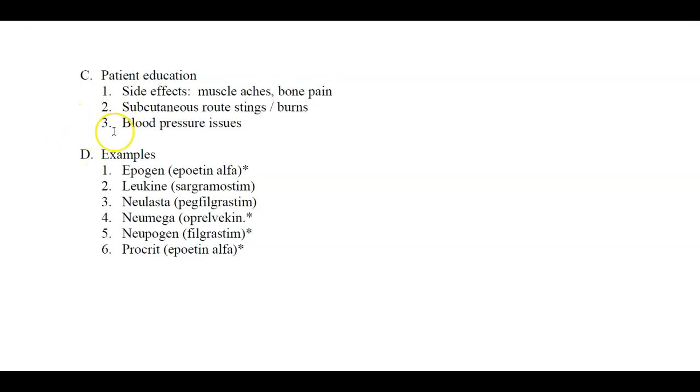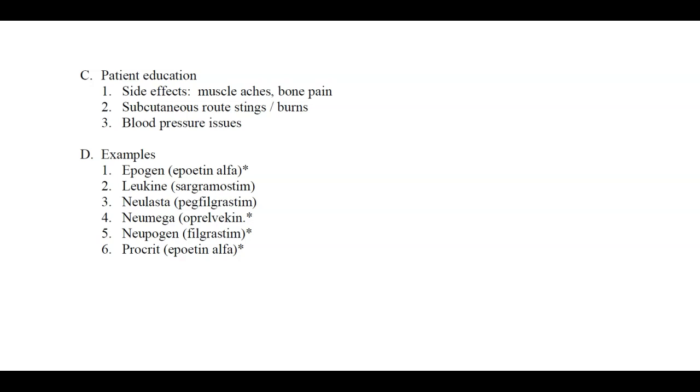And locally, if we inject it subcutaneously, these medications can burn or sting. And again, since we're stimulating more production of red blood cells, white blood cells, and platelets, if we have more circulating cells, it can actually increase the blood pressure. Therefore, it is very important to monitor blood pressure when a patient is on this medication.